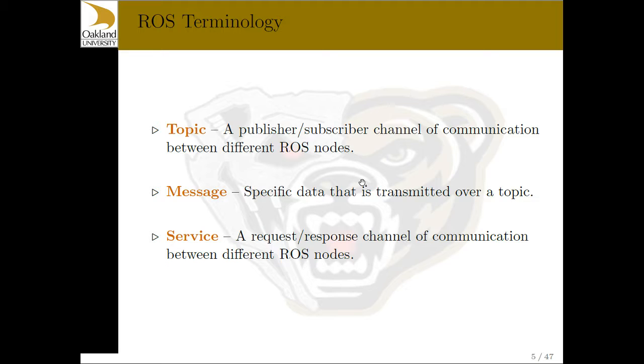Then your node says, okay, I want to save this map. And the mapping node takes a break from whatever it's doing, snapshots the map, and returns whatever relevant data for it. So that's a one-off. It doesn't have to happen at 10 hertz or anything. It's kind of whenever, right? Then you'd use something like a service. So that kind of makes sense, like when you use a topic versus a service.